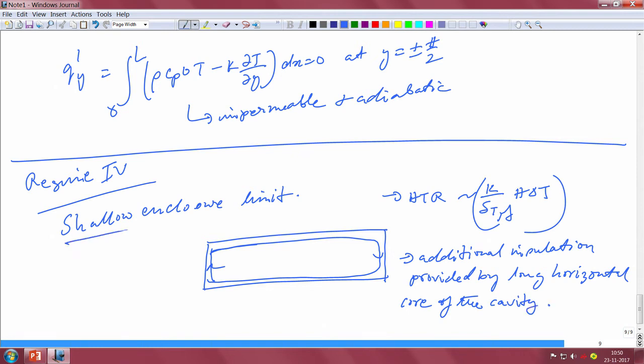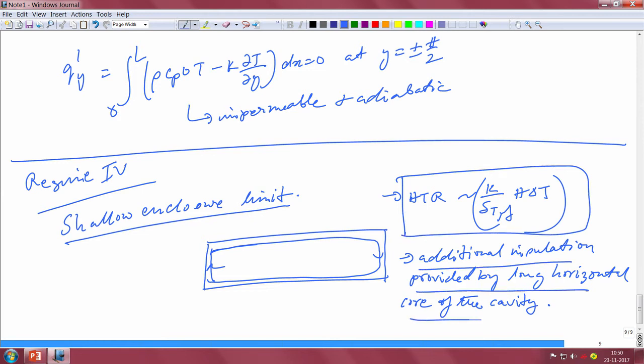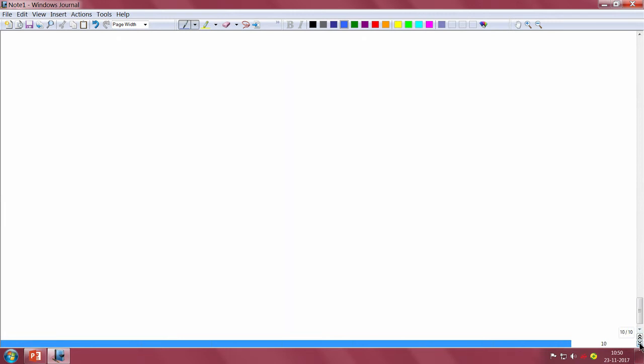So, this is the shallow enclosure limit, the heat transfer rate is given by that, with additional insulation provided by the long horizontal core. So, this is basically the core. That is what you are getting.